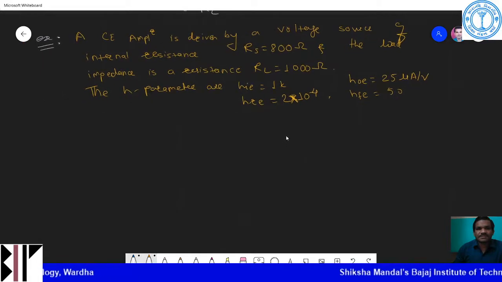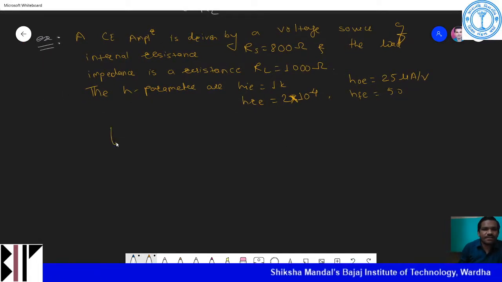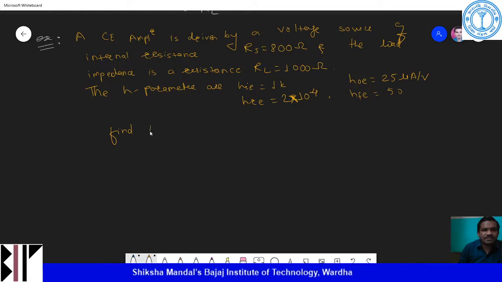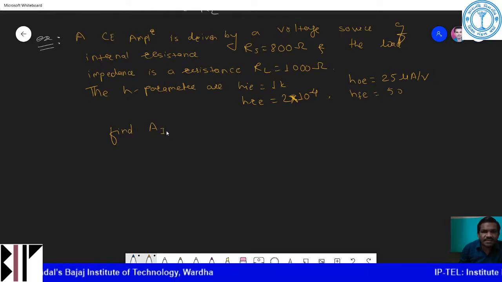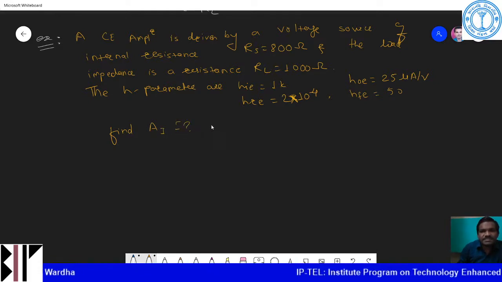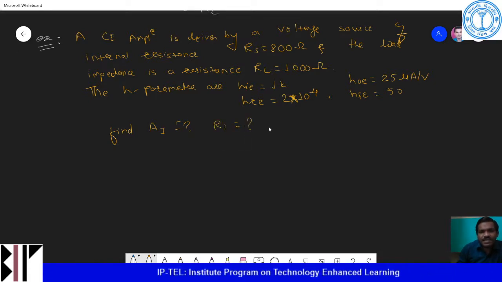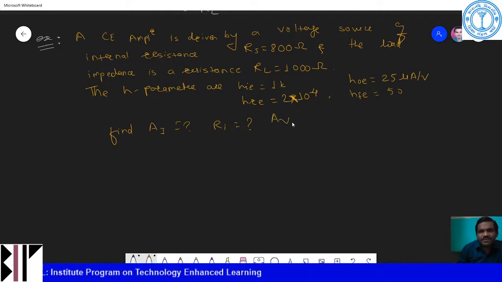Okay, so this was the problem, and then you have to find out the current gain, AI, input resistance, that is Ri or Zi, and then voltage gain AV, and then output resistance, that is RO.